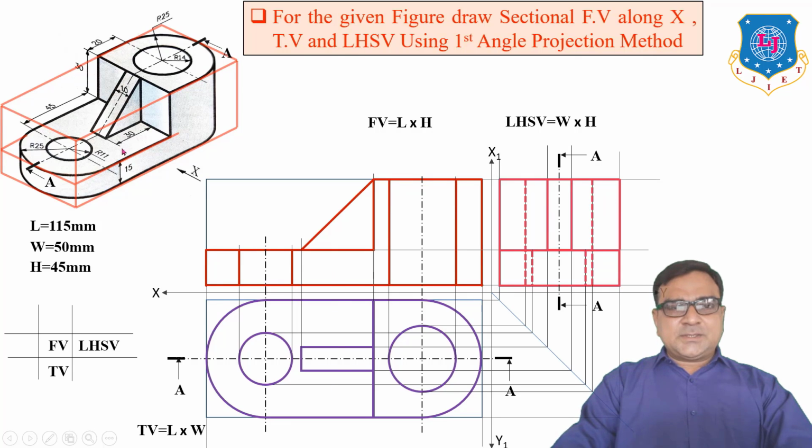But the cutting plane is passing through the surfaces which are being cut. These are represented by hatching lines or section lines. So we have to use section lines which are always at 45 degrees, and the distance between these two section lines is approximately 2 to 3 mm.